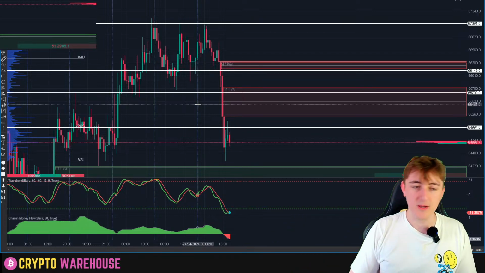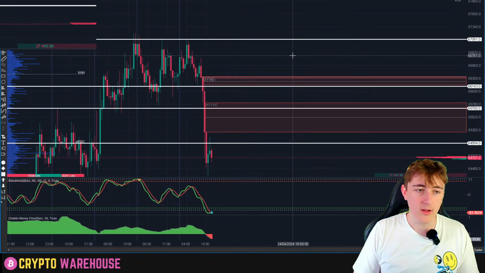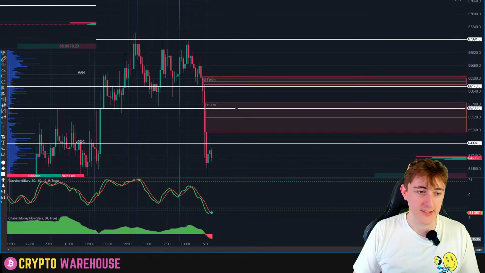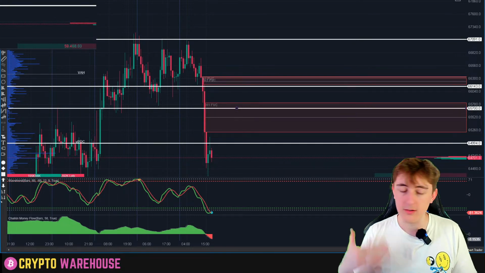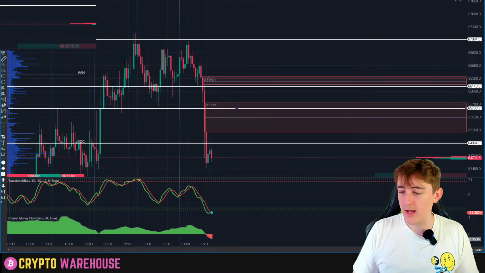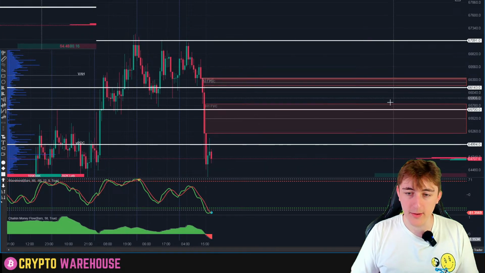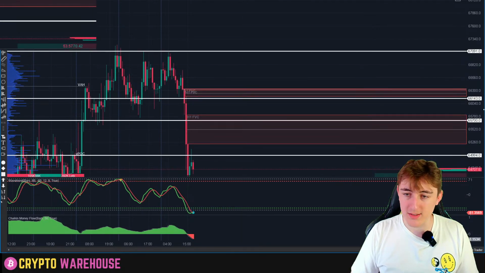I think people have already talked about 65k, but I want to go upwards and talk about these points. So we do have 65,702, which interestingly is actually this point here, which is Crypto Warehouse's own indicator. Actually, it graphs for us here as well, within $65 of it anyway. We've also got 66,143 up here, which is actually a line I've already drawn.